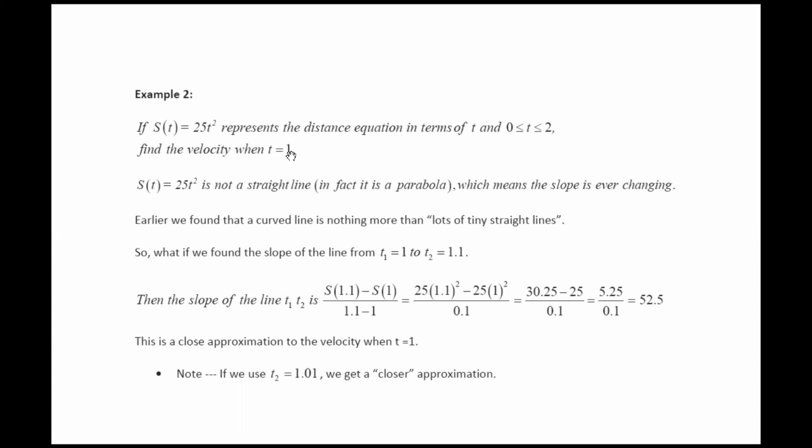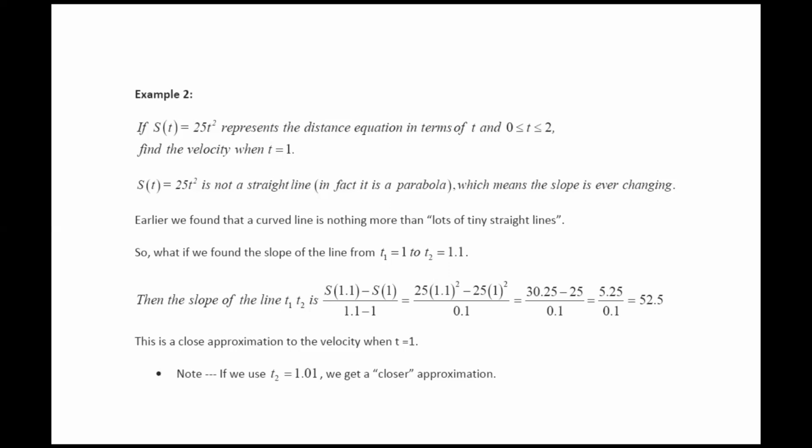Well, we're going to use something that we talked about in an earlier lecture, and that is that a curved line is nothing more, if put under the microscope, but a lot of little straight lines. And we don't know how to find the slope of a curved line, but we can find the slope of a straight line, i.e. y2 minus y1 over x2 minus x1.